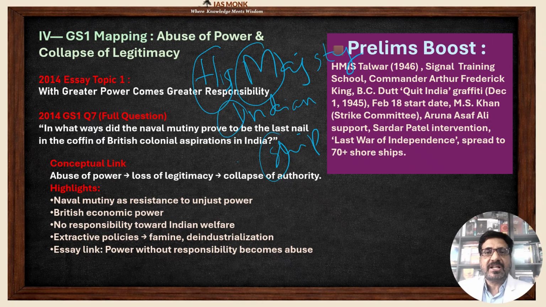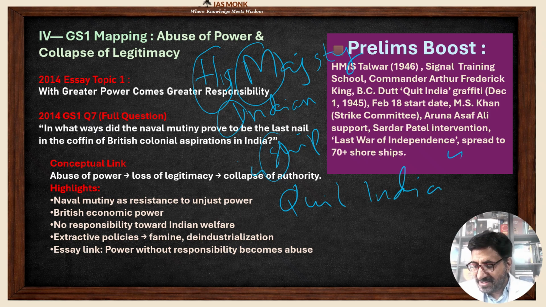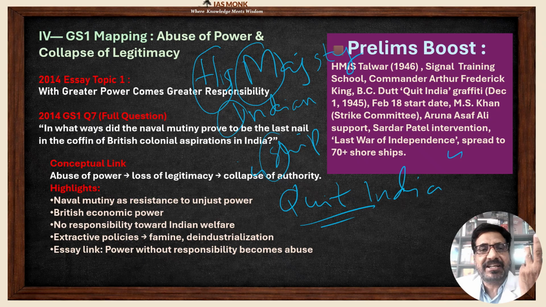A symbolic spark came earlier when BC Dutt wrote Quit India. He wrote this on the walls of that HMIS Talwar ship on 1st December 1945. So he was arrested.